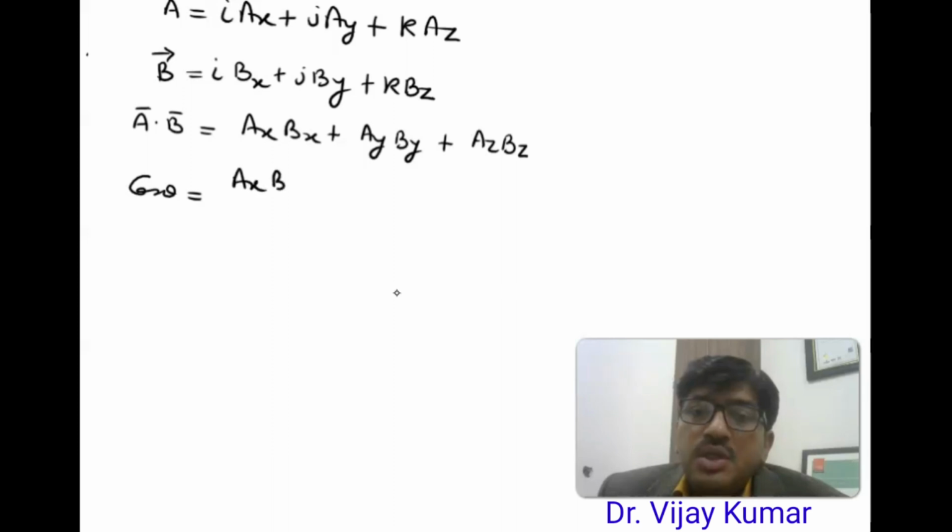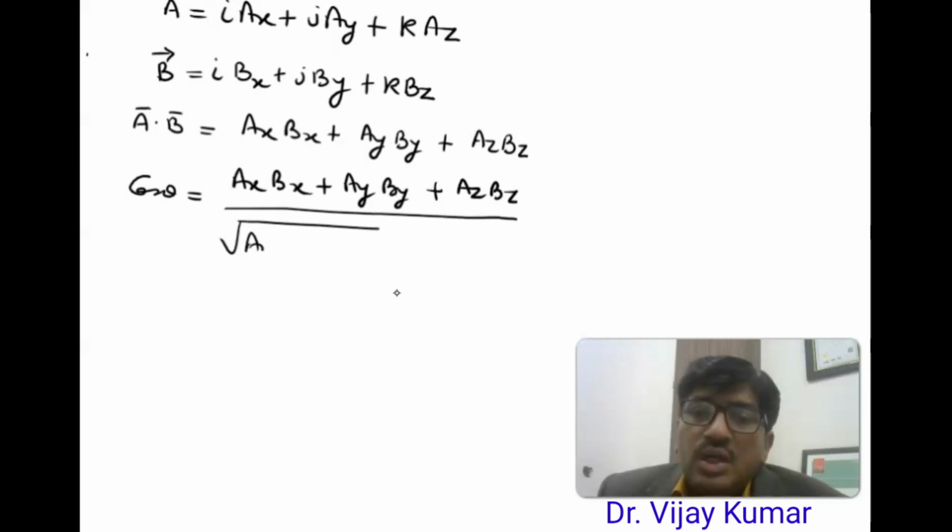AXBX plus AYBY plus AZBZ upon under root AX square plus AY square plus AZ square under root BX square plus BY square plus BZ square.